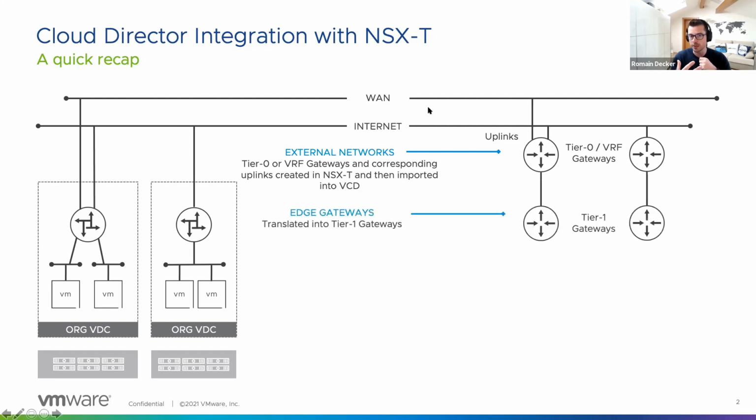The edge gateways are translated into tier 1 gateways in NSX-T. And the big difference is that in NSX-T, we have this two-layer approach where a T1 gateway, so an edge gateway, can be connected only to one T0, so only to one external network.